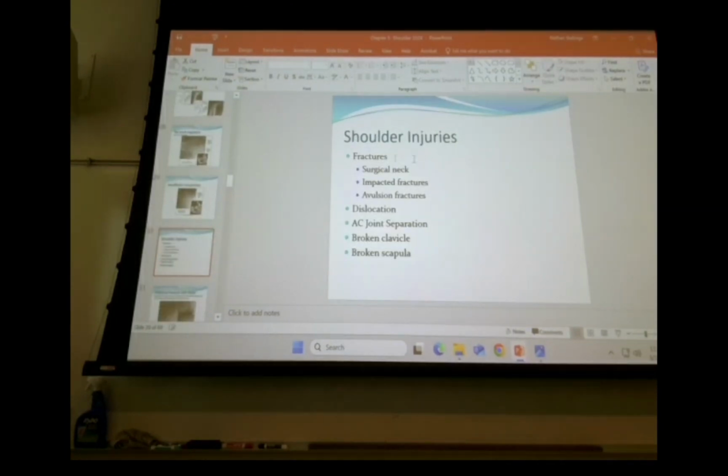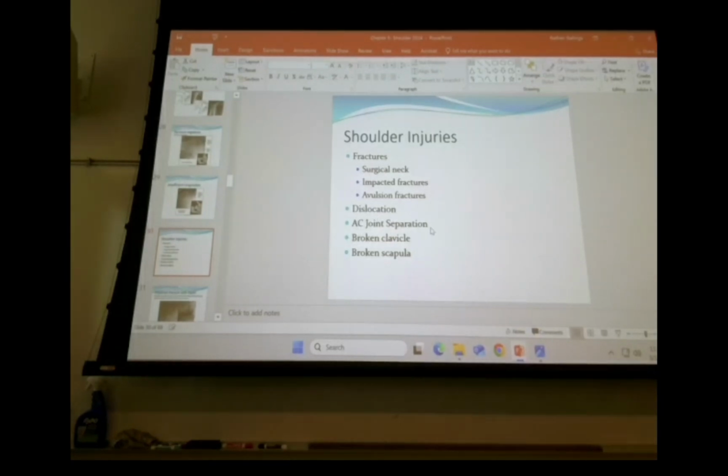So surgical shoulder injuries, our fractures, in a lot of cases are going to be in the surgical neck, and they're going to be impacted fractures. We can have some avulsion fractures as well. Dislocation is probably most common, with the impacted fractures probably being the second most common, or very well may be the opposite of that.